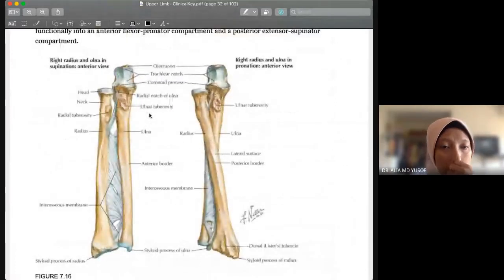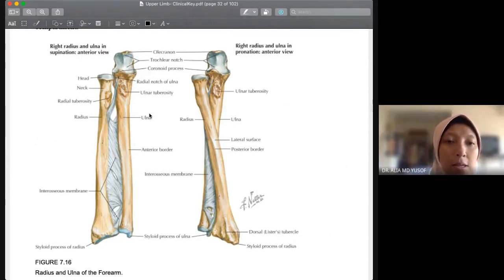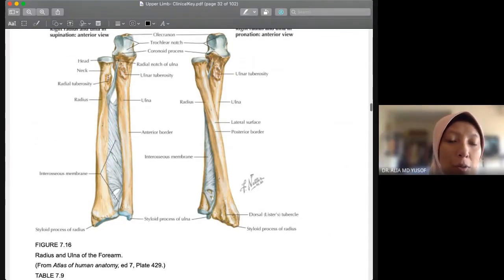At page 32, your Netter's clinical key, there is a picture, a diagram of your radius and ulna, together with its interosseous membrane. Again, what I want you to do is try to draw this without labeling the bone markings, and try to draw the origin and insertion of these muscles.